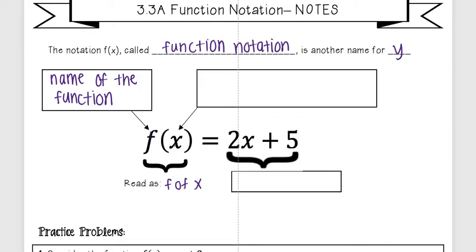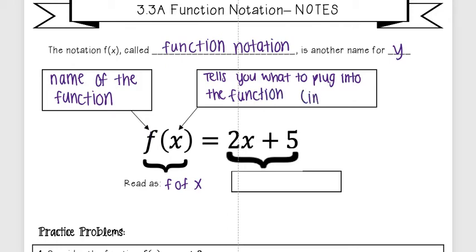Now the x in here, that tells you what to plug into the function. In other words, it's going to be our input, like we talked about earlier this unit.